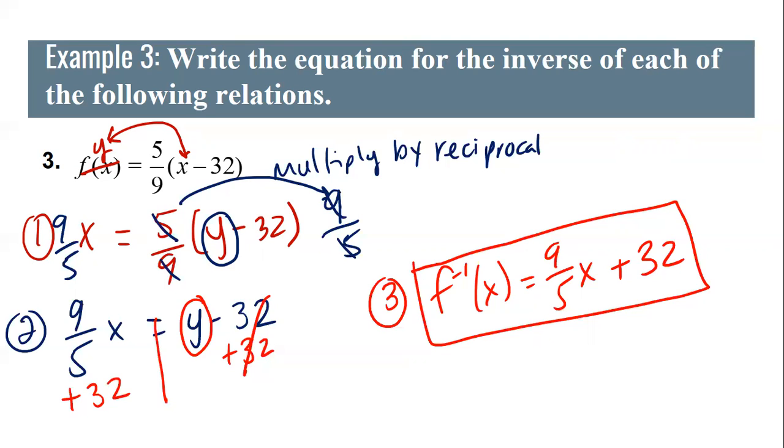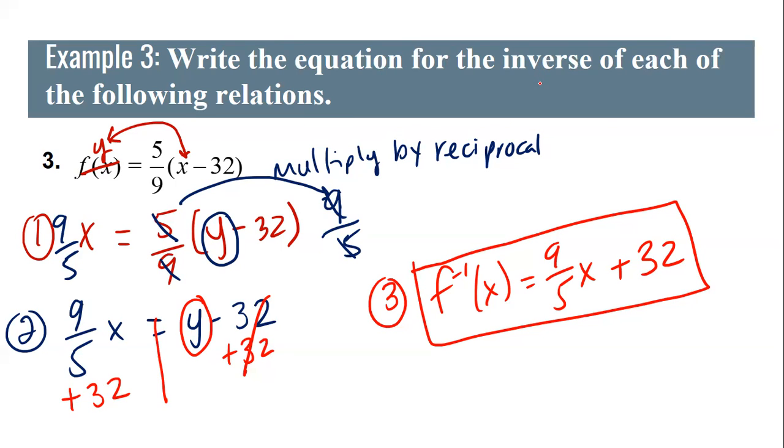Okay, what are your questions about the fraction? In order to cancel out a fraction, when multiplying, it's always multiply by the reciprocal. Because essentially what you're doing is multiplying by 9 and dividing by 5, and that's what the reciprocal does.